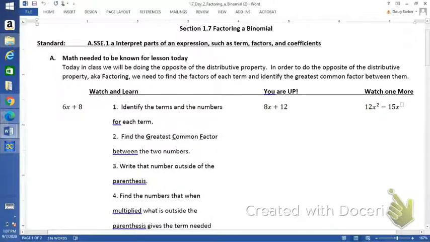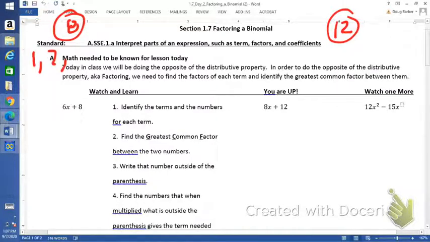Okay, let's go to the next one. 8x plus 12. We need to factor this. Identify the terms and the numbers for each term. There's two terms, 8x and 12. What are the numbers for each? 8 and 12. We just said that the factors for 8 are 1, 2, 4, and 8.